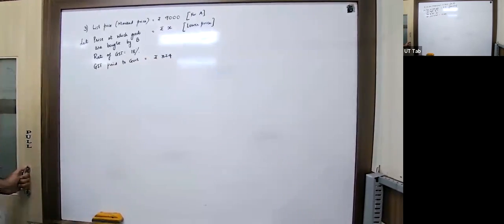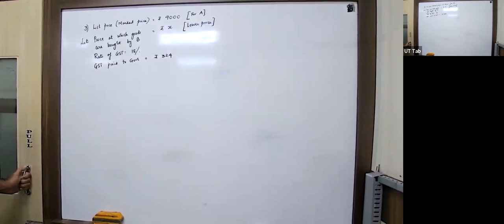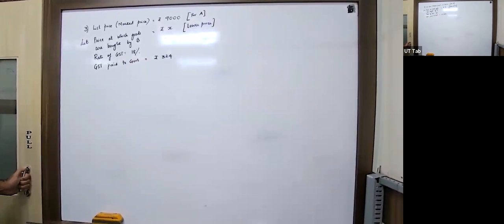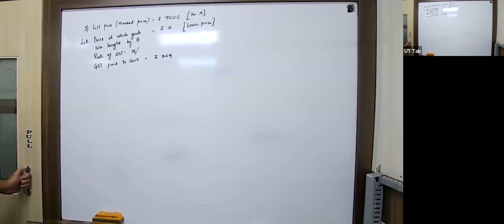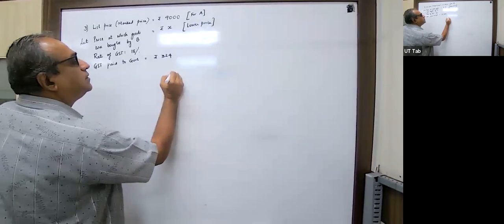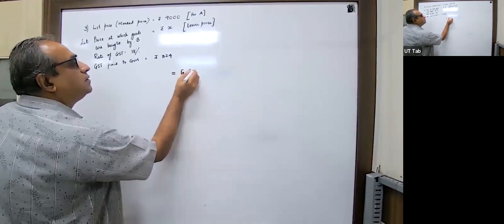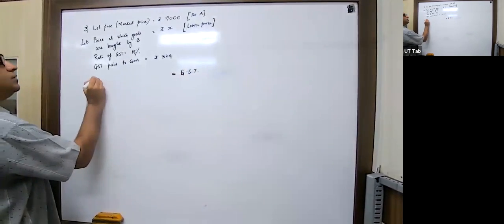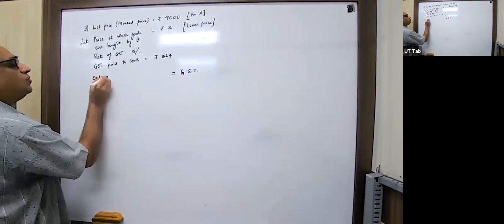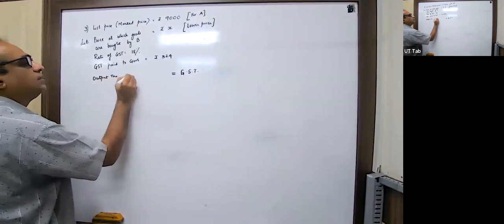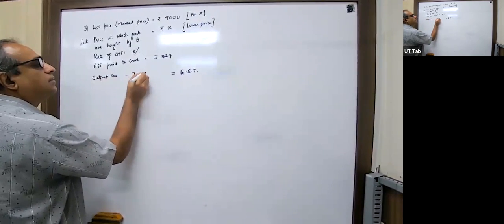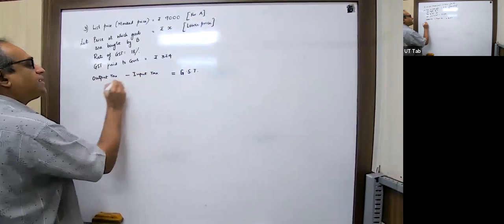अब देखो बेटा, ये बहुत सिंपल है। आउटपुट टैक्स minus इनपुट टैक्स is equal to the GST. ये हमारा फॉर्मूला है, मैंने बताया आपको। ये आउटपुट टैक्स क्या है?